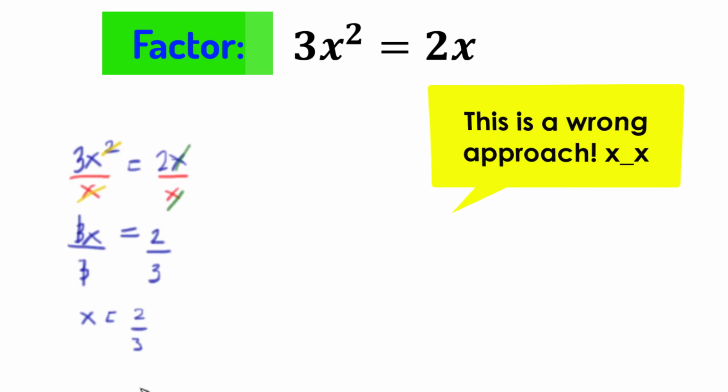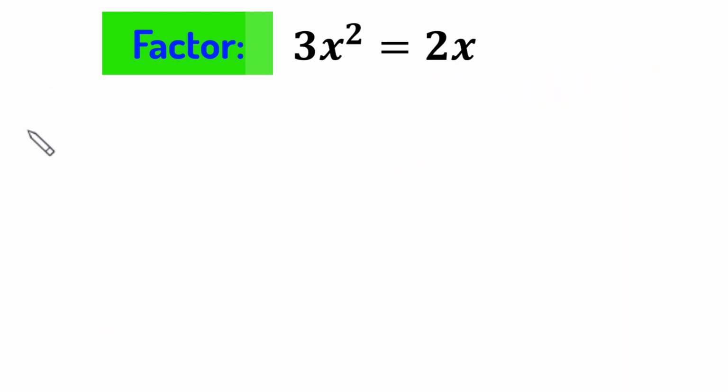And that's it. But in order for us to factor that kind of given, we need to equate that to 0. So the first thing we need to do is to transpose 2x to the other side of the equation. So that gives us 3x squared minus 2x equals 0. And then factor the common term. In this case, the common term is x.